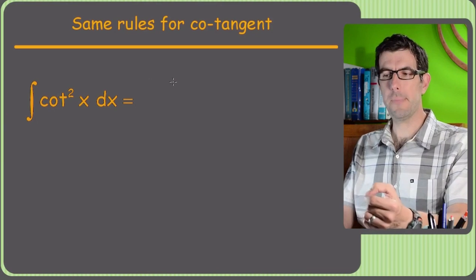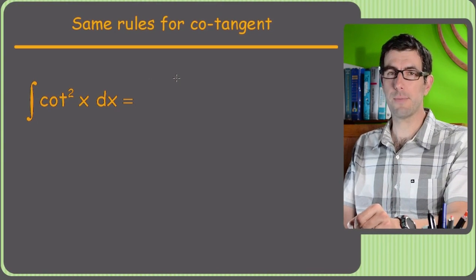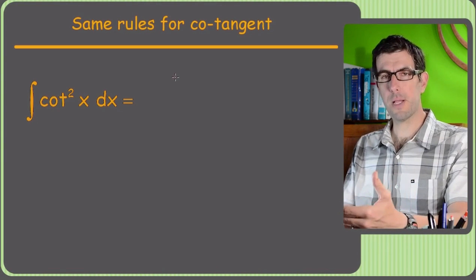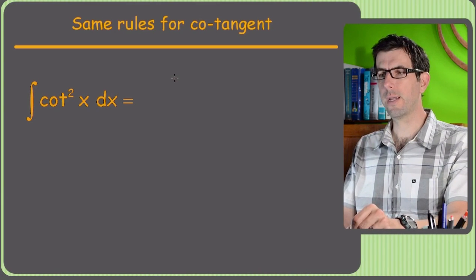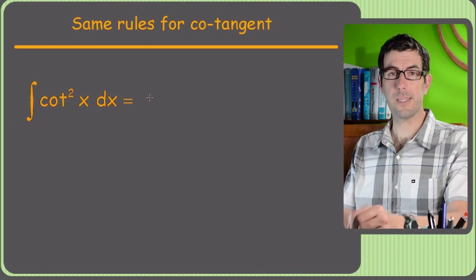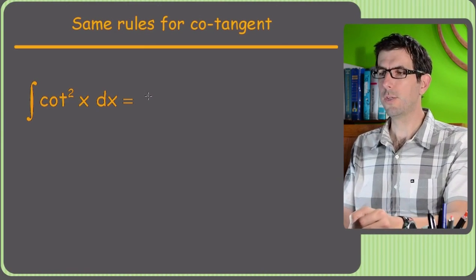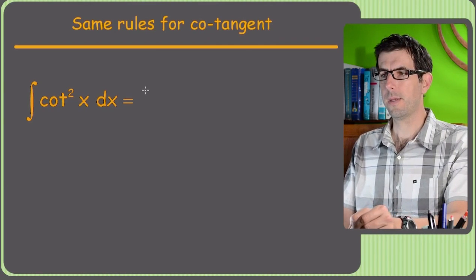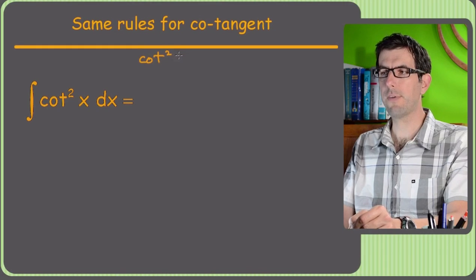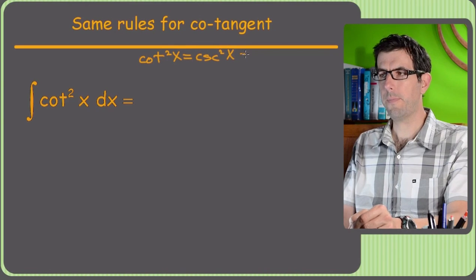Alright, and just to mention that cotangent is the same as tangent, right? All the same identities apply, just slightly different versions of them. And of course it integrates straight up. So cotangent squared, that's an even power of a tangent type thing, so we're going to convert it to cosecants in this case. So just like tangent squared, you can derive it using the Pythagorean identity again, but cotangent squared is going to equal cosecant squared x minus 1.